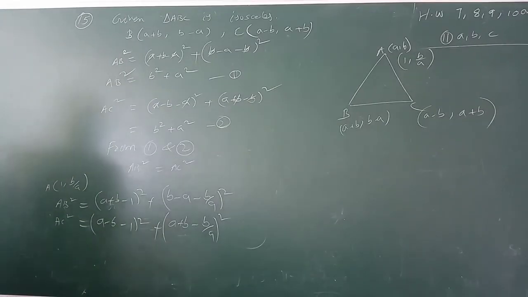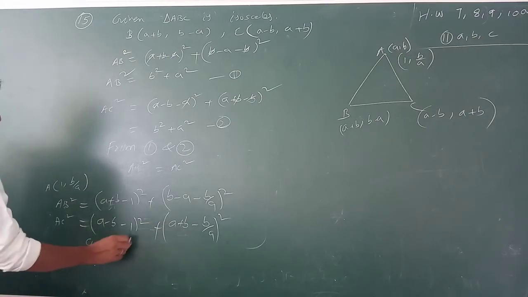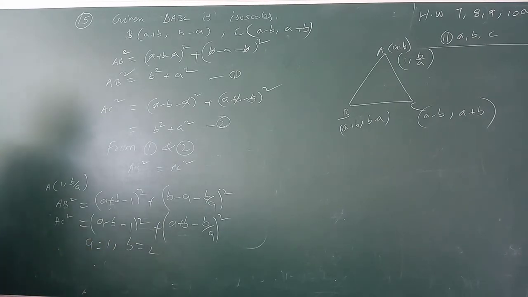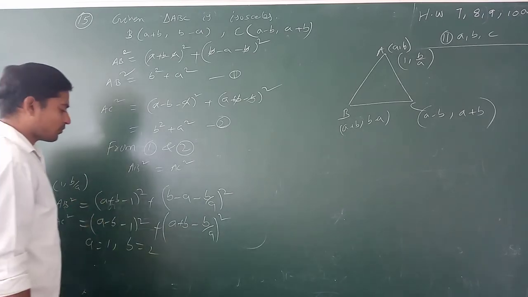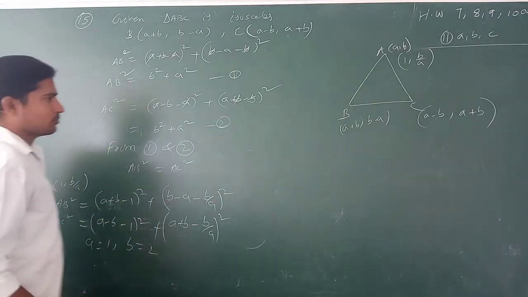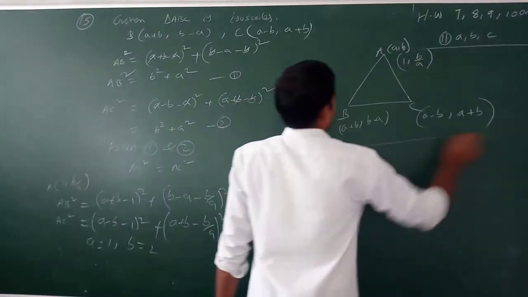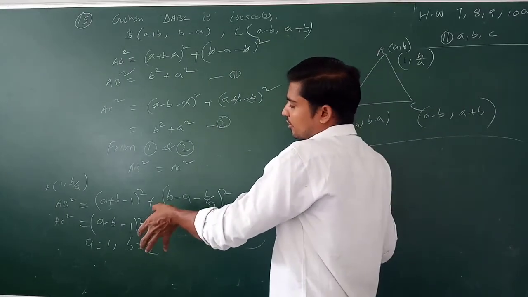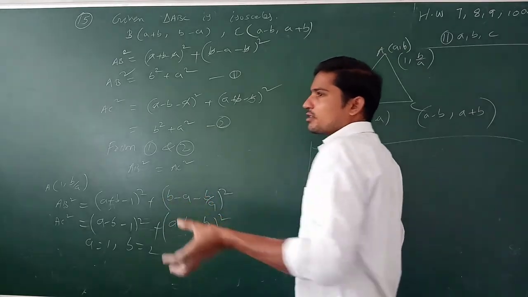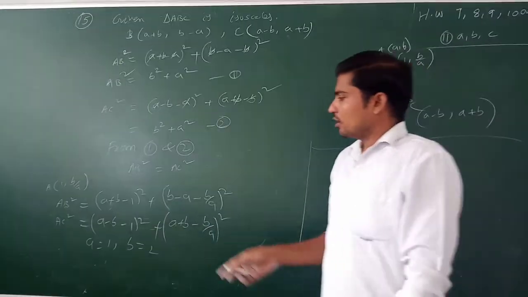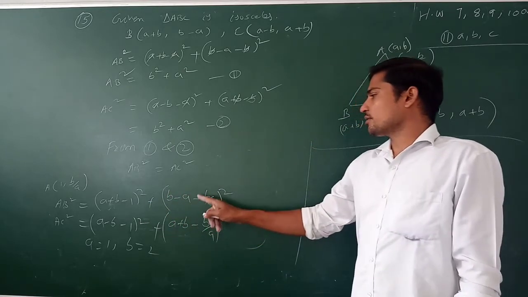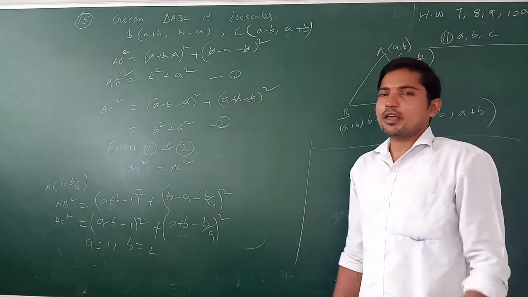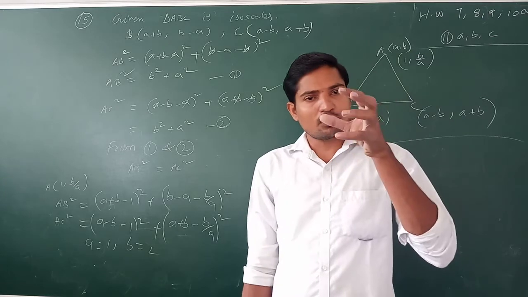About these two, suppose A is equal to 1 and B is equal to 2. Let us substitute here. You can verify yourself, apply the formula A plus B minus C whole square, A minus B minus C whole square, A plus B plus C whole square formula you know.